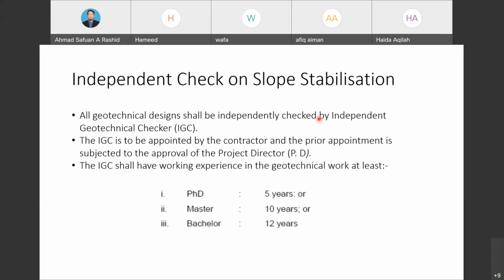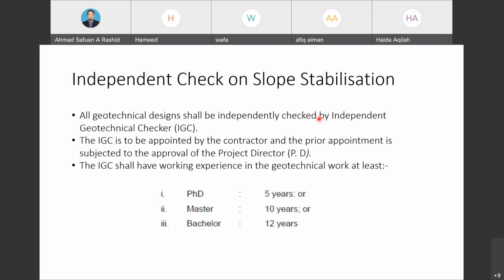So I have experience appointed as an independent geotechnical checker. I need to check the design submitted by the designer, then provide comments on the design. That is the advantage.